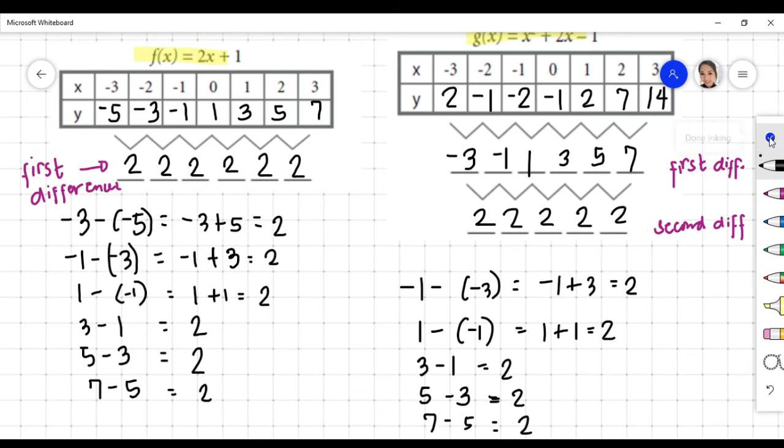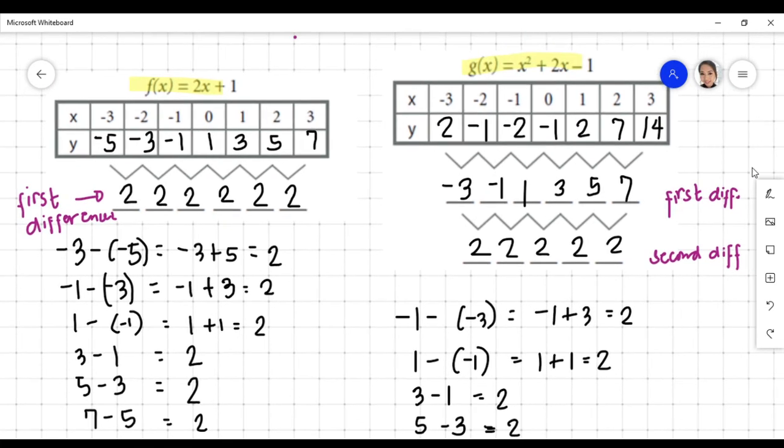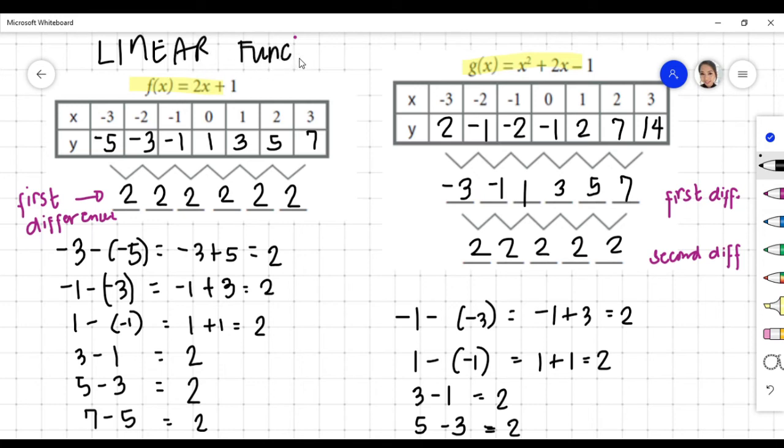So what is the conclusion then? It means that if we have a quadratic function, they would always be equal in the second differences. But if we have a linear function, since this is a linear function, the first differences, on the first differences pa lang, they will all be equal.